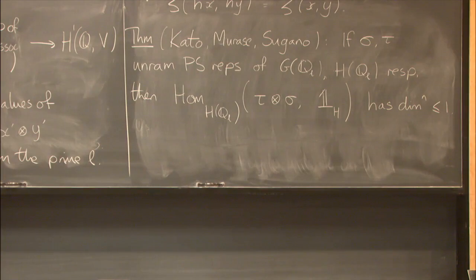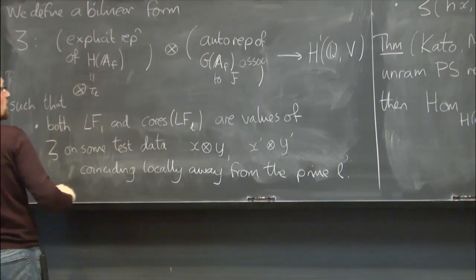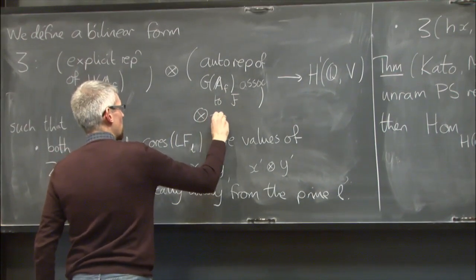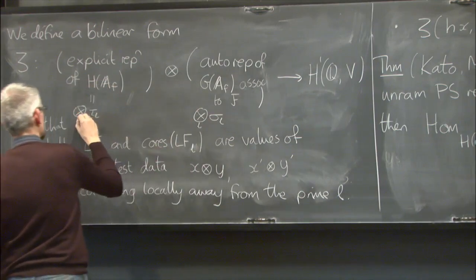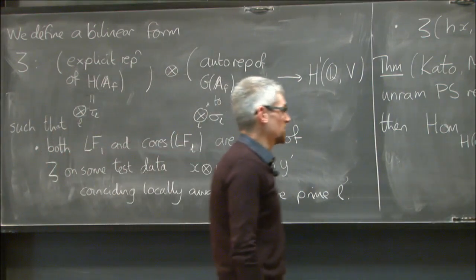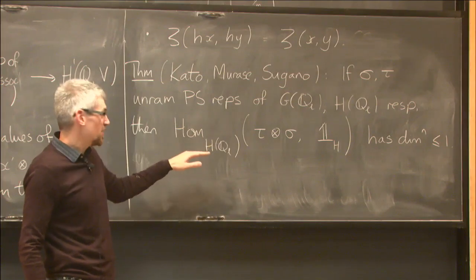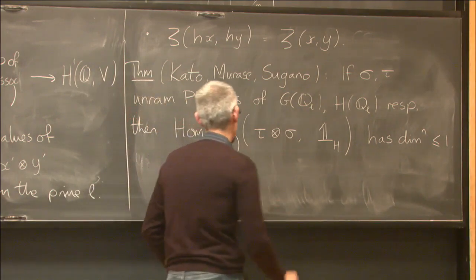So I'm going to take this to be some product of tau_L's, and this is some product of sigma_L's. And I want to compare two values of a bilinear form on tau_L tensor sigma_L.